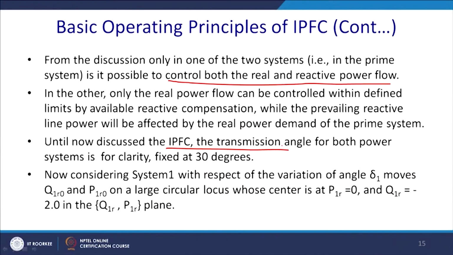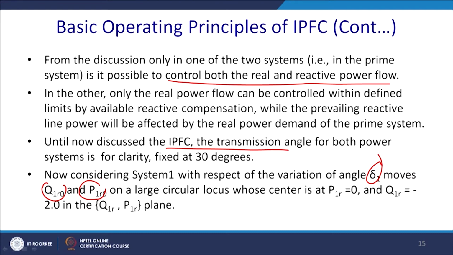Until now, the IPFC has been discussed for a power system angle delta equal to 30 degrees, and the same discussion can be extended to other angles, let us say 60 degrees, 45 degrees or any other angle. Now, considering system 1 with respect to variation of angle delta 1, it moves from Q1 0 to P1R 0 on a larger circular locus whose center is at PR1 0 and QR1 equal to 2 in the plane.